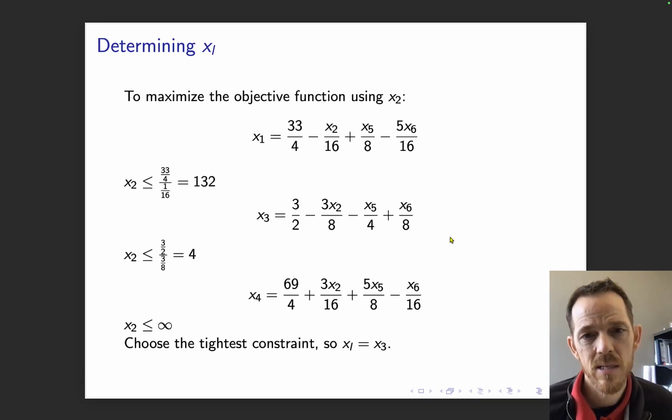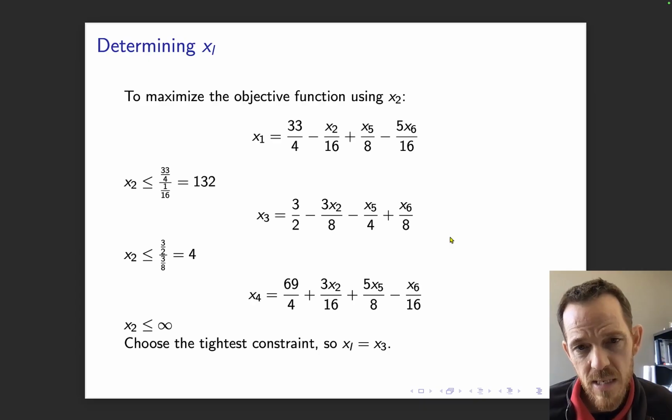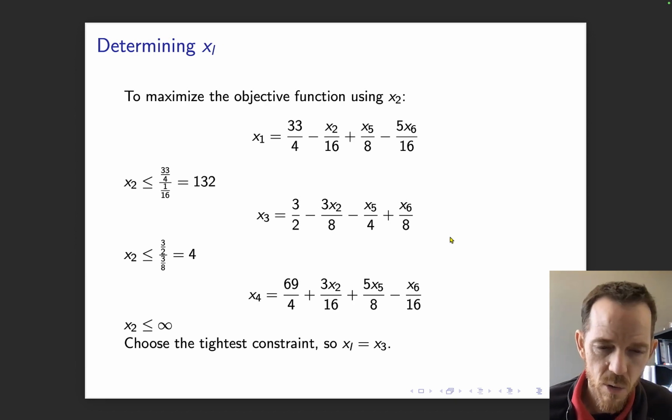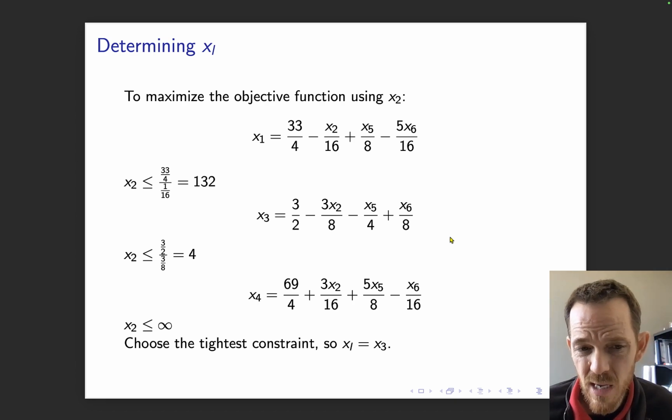Now we look to maximize the objective function using x sub 2, but we need to know what the tightest constraint is. Notice that the last equation, setting equal to x sub 4, has x sub 2 with a positive coefficient, which means its constraint is that it has to be less than or equal to infinity. That's not very constraining, and so we're not going to choose x sub 4 as our leaving variable.